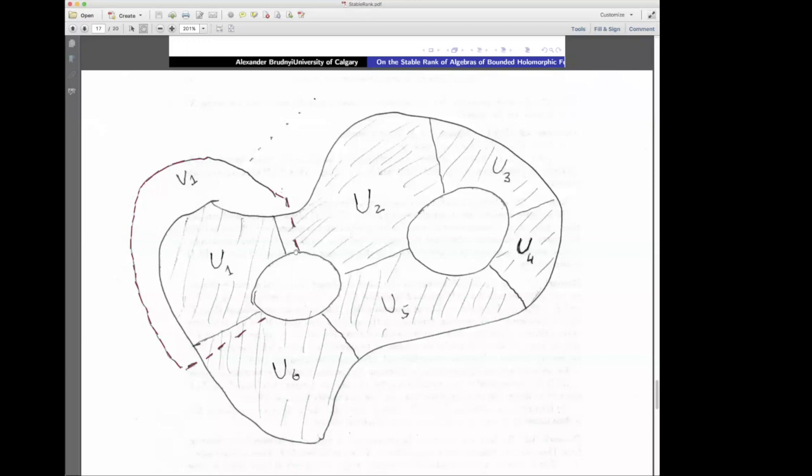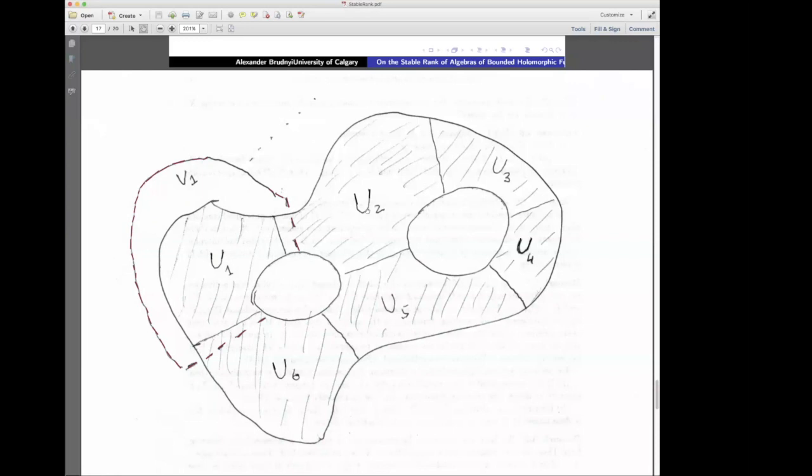For U1, you can find a slightly larger set V1 in the plane, which is still simply connected, and such that the intersection with our space S is still simply connected.